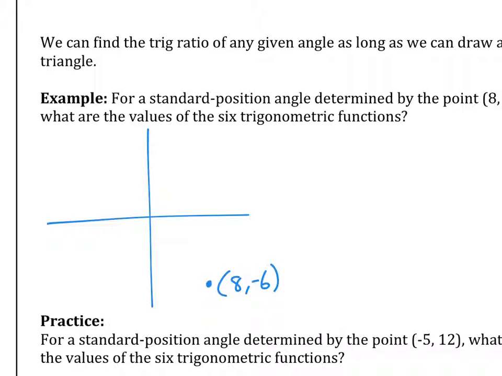What you do is draw a straight line back to the origin, and draw a straight line up to the x-axis so that you create a right triangle. How long is this x side? 8, because it tells me to go 8 here and then 6 down, right? So this is 8. What about this length? 6. Let's put positive 6 instead of negative 6.